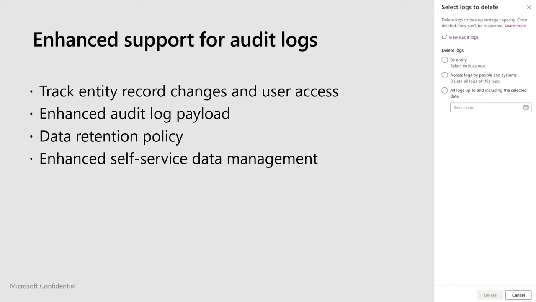Probably you are not auditing all your entities, but the important ones like contact, account, sales, lead, and so on. Besides tracking the record changes, it can also look at who has access to the system, who has shared a record with somebody, or who got assigned a record, and many other things.